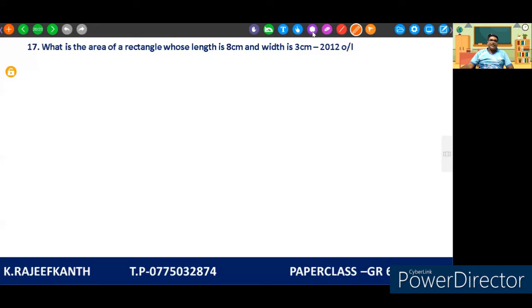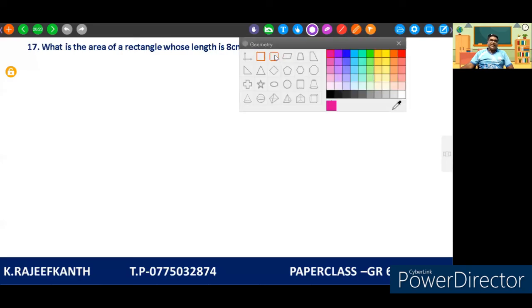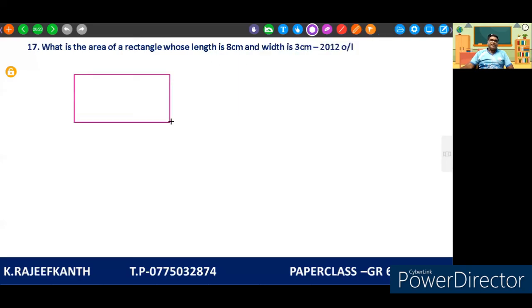Here, this is that rectangle. The length is 8 centimeter. The width is 3 centimeter. If you want to find the area, then we have to multiply length by breadth or width.